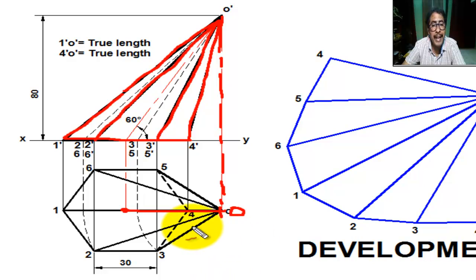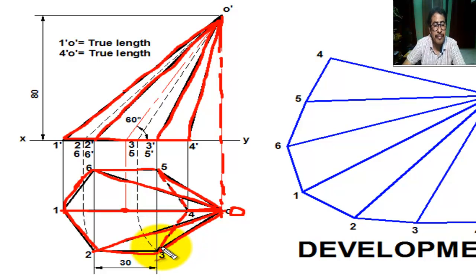Now we join O with 4, 1, 2, 3, 5, 6. In this hexagon, this portion is thick and this portion is hidden line, this is dotted line.